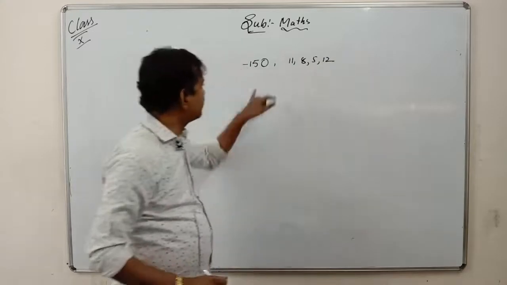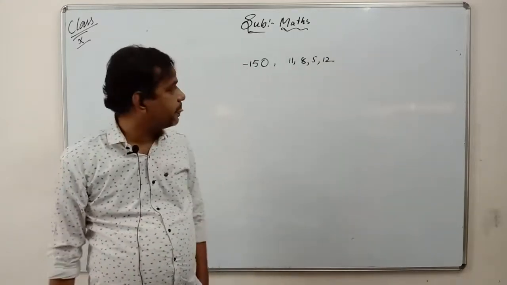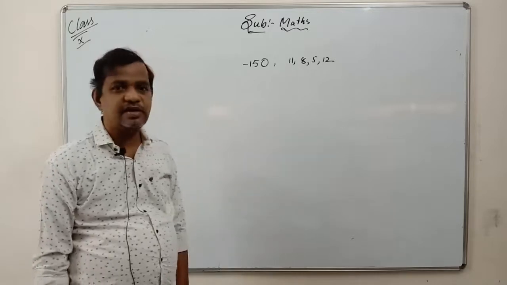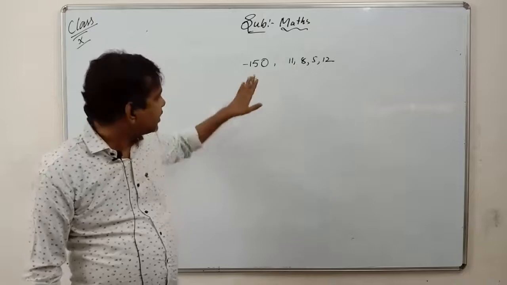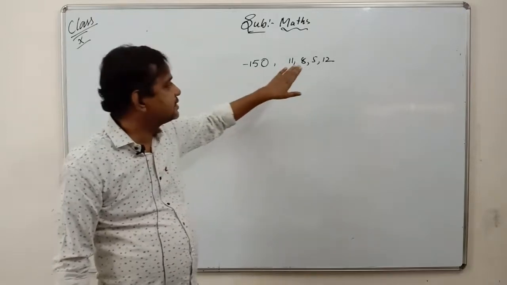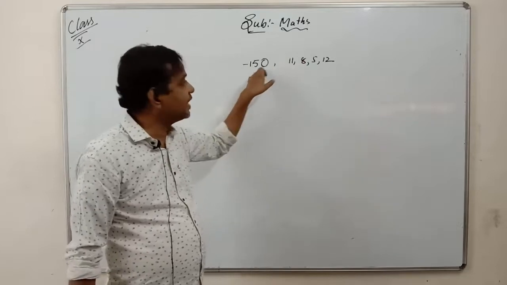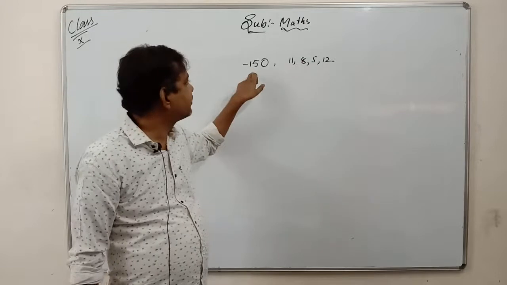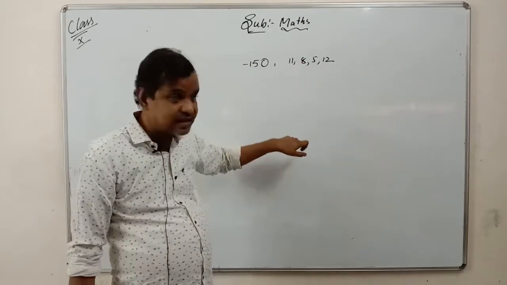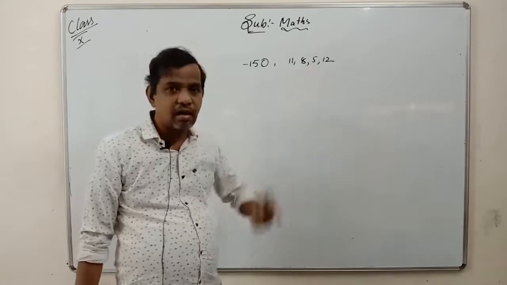Is minus 150 a term of the AP? The question is simply asking whether minus 150 is present in this sequence 11, 8, 5, 2 or not.